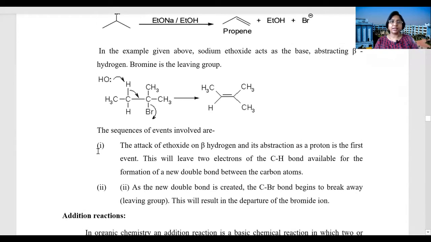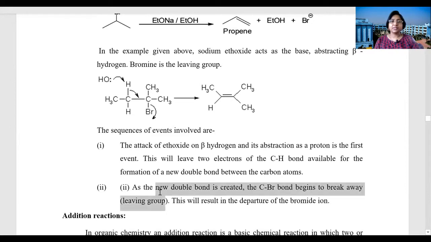Attack of ethoxide, the base, on beta hydrogen. So it attacks on beta hydrogen and its abstraction as a proton is the first event. This will leave 2 electrons of the C-H bond available for the formation of a new double bond. So this hydrogen will give the electrons to make the carbon-carbon double bond.